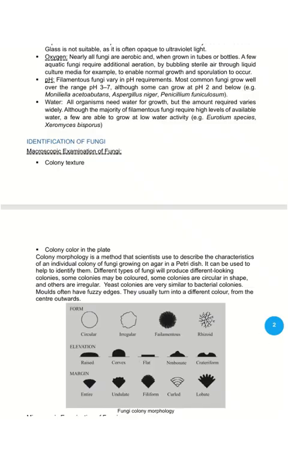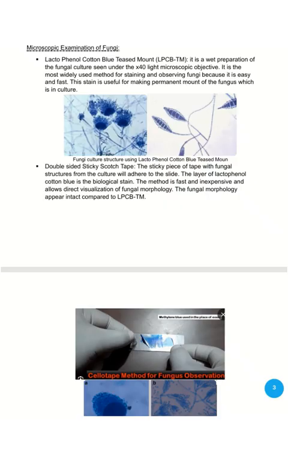The second step is the microscopic examination of fungi. For the microscopic examination of fungi, we use one of three methods. The first method, which is commonly used in the microbiology laboratory, is what we call lactophenol cotton blue teased mount.